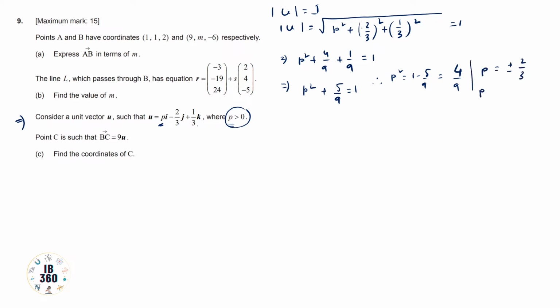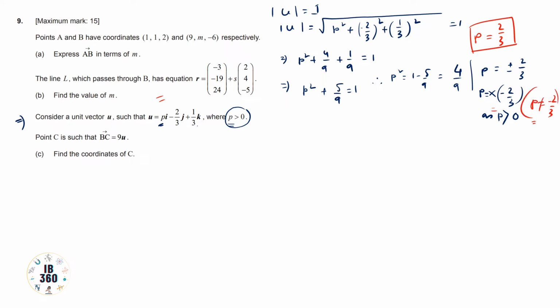Now p cannot be minus 2 by 3 as p is greater than 0. That's why I told you to note this. Because p is greater than 0, p must be 2 by 3.